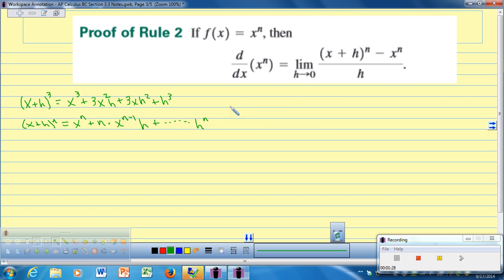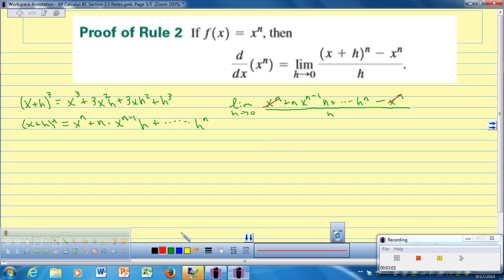So now when we come back here and do our limit as h goes to 0 of x to the n plus n x to the n minus 1 h plus a whole bunch of things ending with h to the n, minus x to the n, all over h, we get some nice canceling to happen. The x to the n's cancel out.